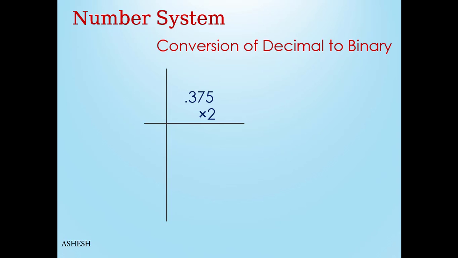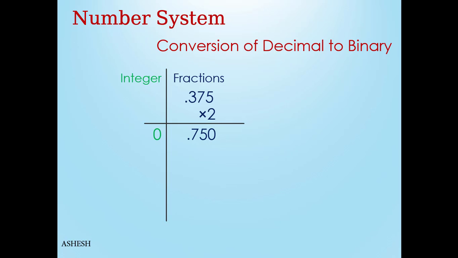If we do that, then we get 0.750 and the integer is 0. Here is our fraction and here is our integer.